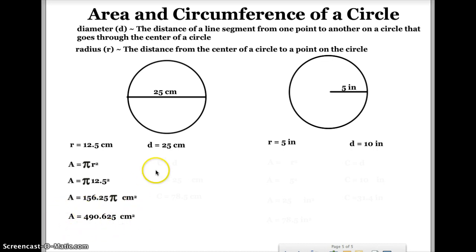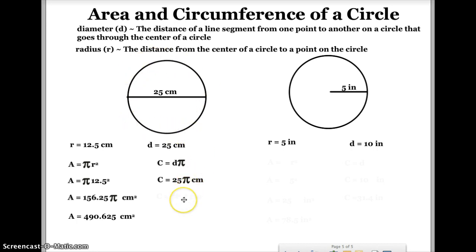To find the circumference of a circle, I'm going to use the formula circumference is equal to diameter times pi. Well, my diameter is 25, so my circumference is going to be 25 pi centimeters, and that's the distance around a circle. My units in this problem are going to be centimeters. It's not centimeters squared. I don't want to know how many squares are around the outside, but how many centimeters it takes to go around the outside.